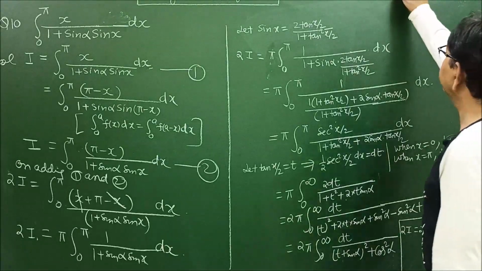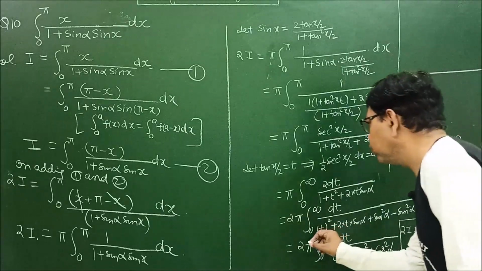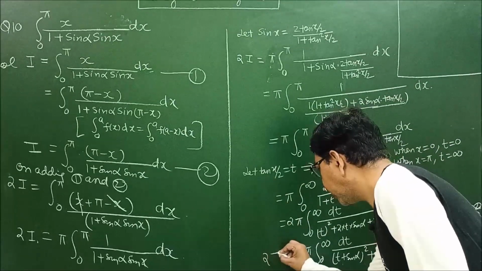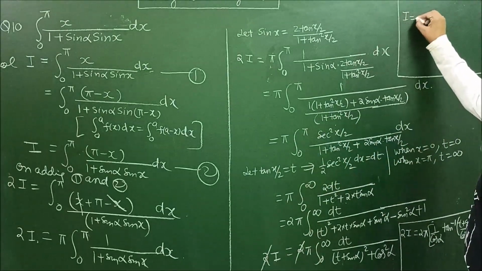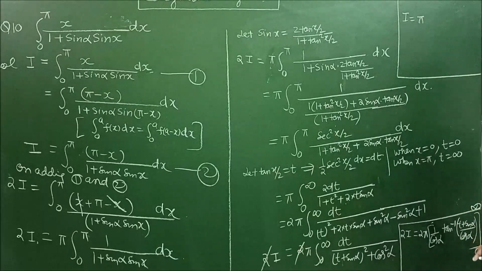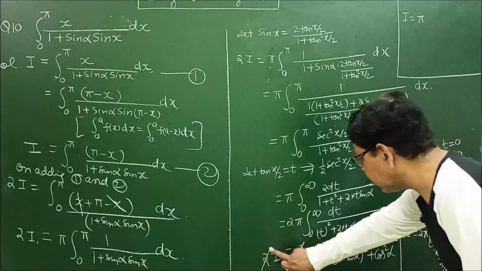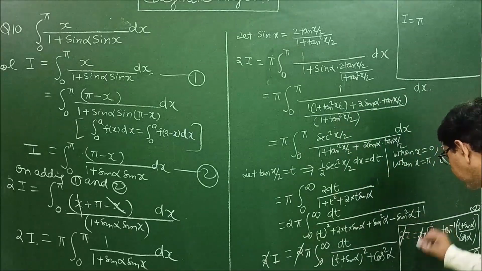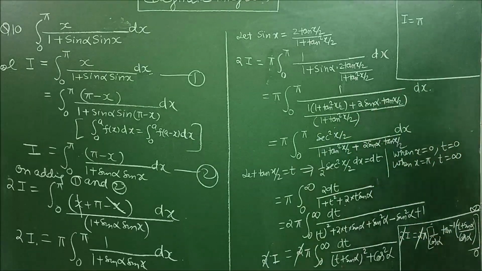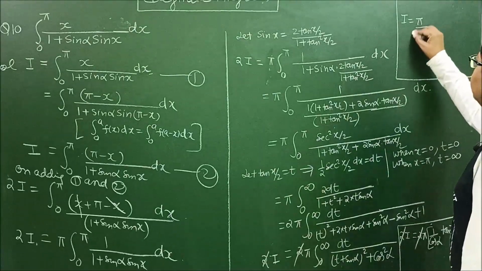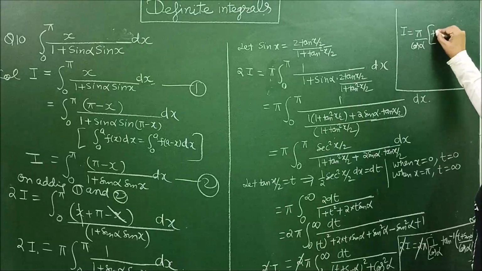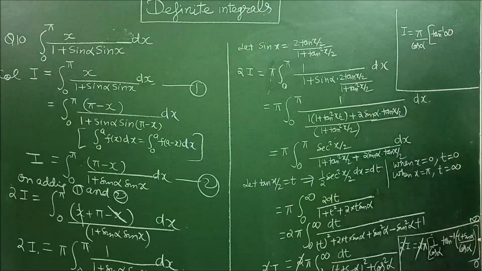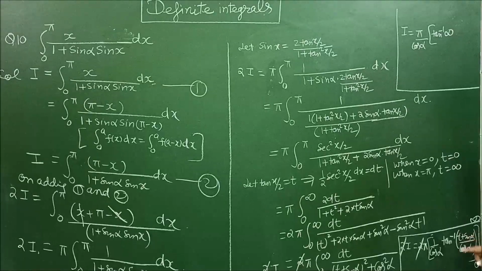On further simplification, this is equal to 2I, so the 2 and 2 are cancelled, and I is equal to pi into, first putting the value of t equal to infinity. 1 upon cos alpha is a constant, we can take it out, and tan inverse of infinity, putting t equal to infinity, is infinity plus something upon cos alpha, that is infinity.